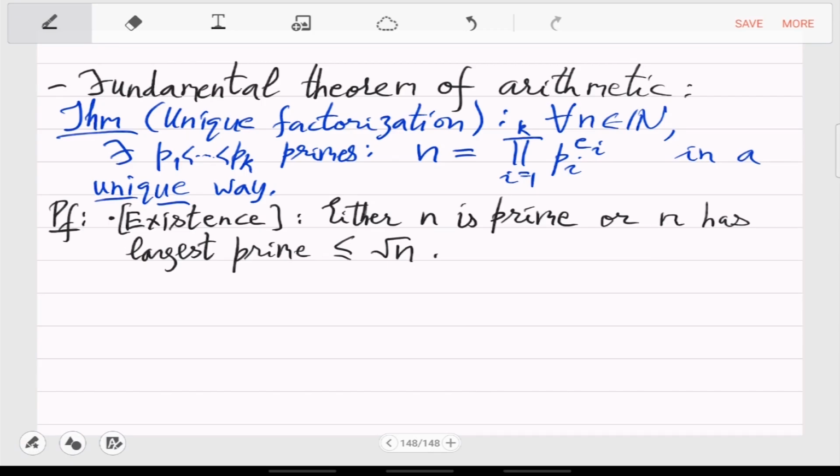Sorry? Yeah, this claim is not correct actually. Because you can have 2 times n by 2. Yeah, then it will be n by 2. So either n is itself prime or the largest prime it has will be at most n by 2, because you can look at the cases.